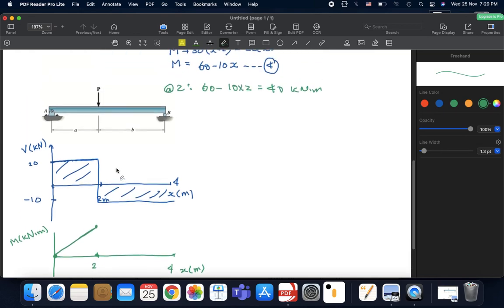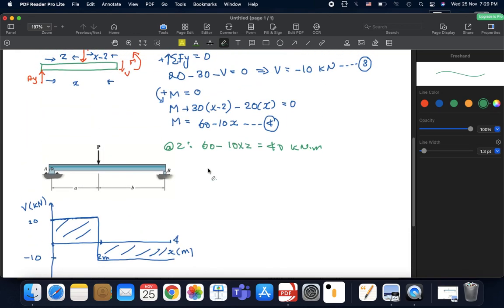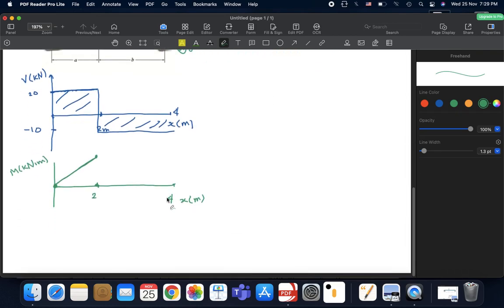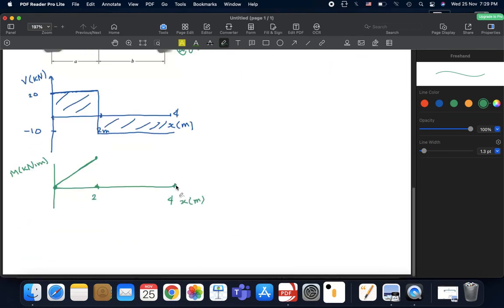Again, the equation is linear, so we only need 2 points. What about the other point, at x of 6? At 6, we have 60 minus 10 multiplied by 6, which is 0 kilonewton meters. So it would go here to 0. Now our diagram would look like this.